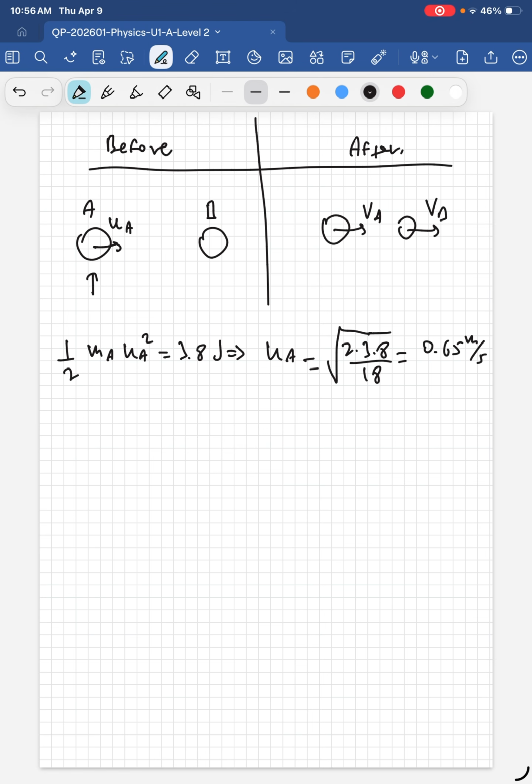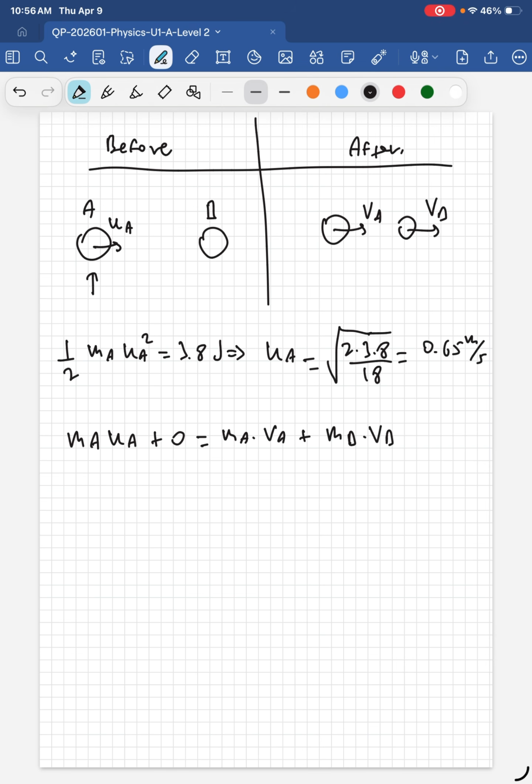And now we can use conservation of momentum. The initial mA times the initial velocity uA plus 0, because B is stationary, is equal to mA times vA plus mB times vB. You can take it from the scheme there.